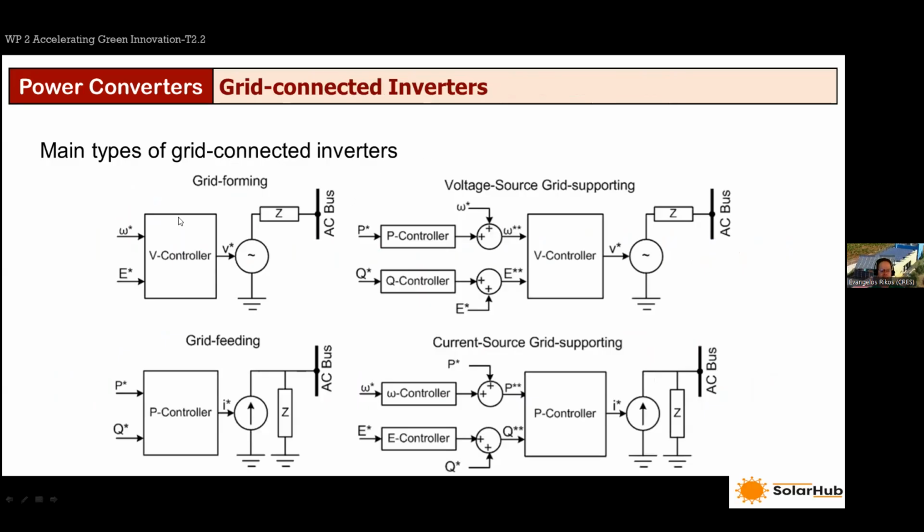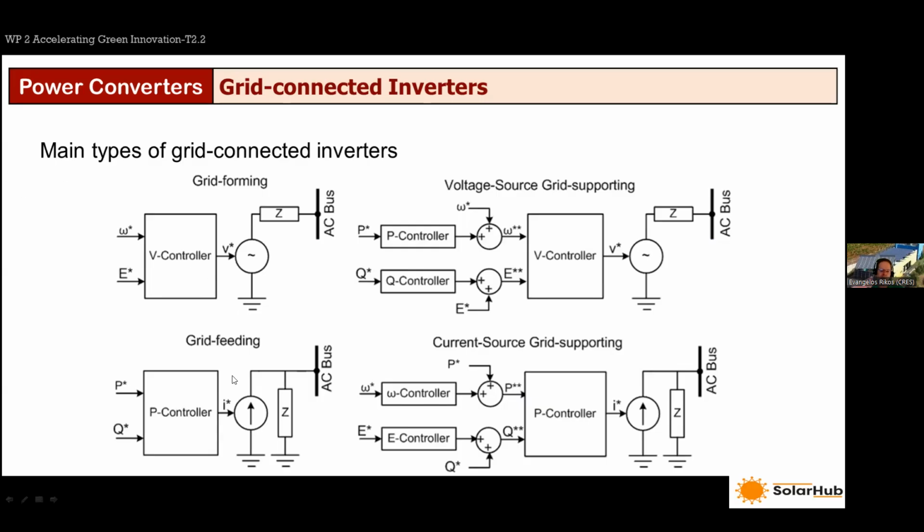So we have some converters that have a grid forming capability. On the AC side, these perform like an AC source. They produce an AC voltage source, to be more precise. They generate a very specific voltage amplitude and frequency, and it doesn't change regardless of the load.